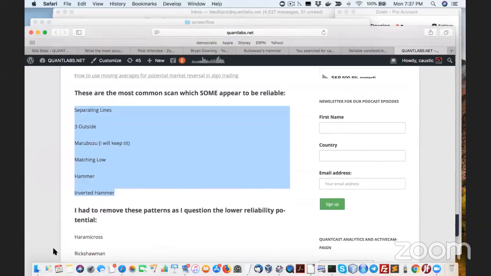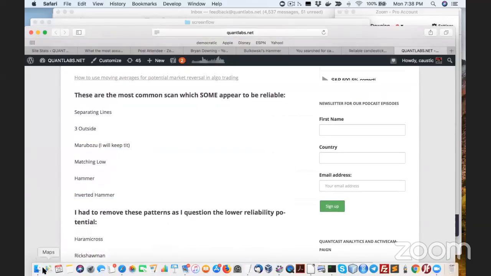But I wouldn't use these exclusively, because you're going to have failure on your hands. But if you combine them with the other tools that I mentioned, I think it will help determine if you have a true market reversal. And another one that I showed you earlier, the harmonic patterns, combined with this would be able to determine, yes, you may have a market reversal based upon historical and how the candles play out.